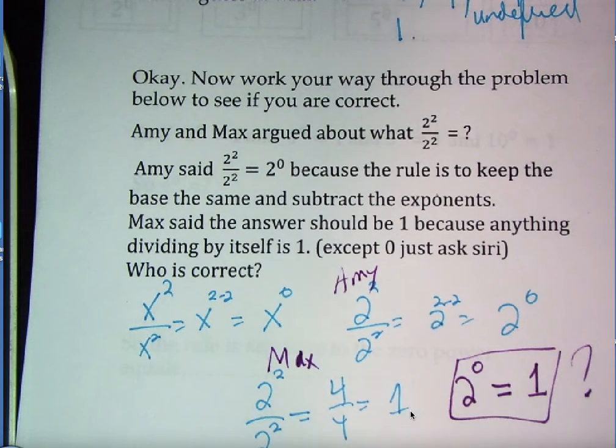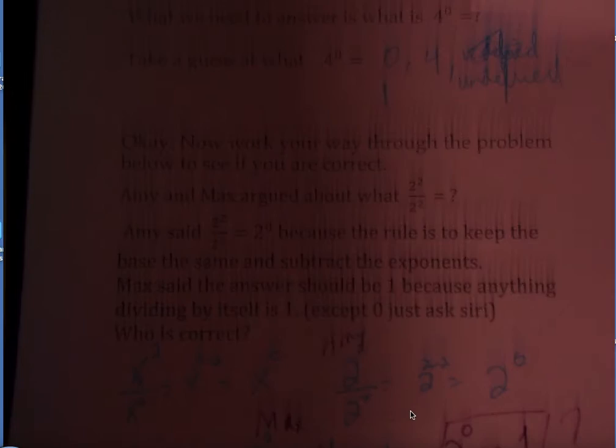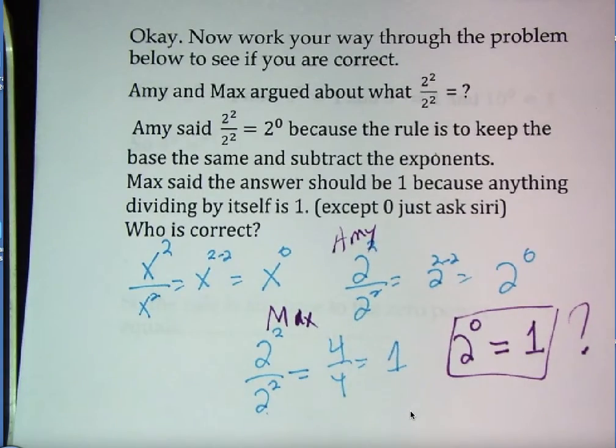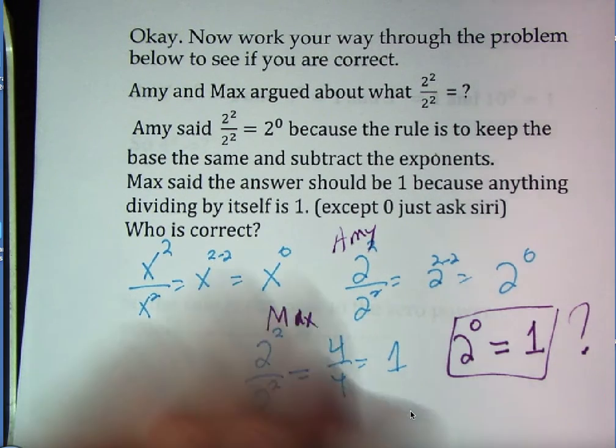That 2 to the 0 must be 1, right? I don't know. Okay. So if they're both right and they're both following rules, then that must mean 2 to the 0 is 1.